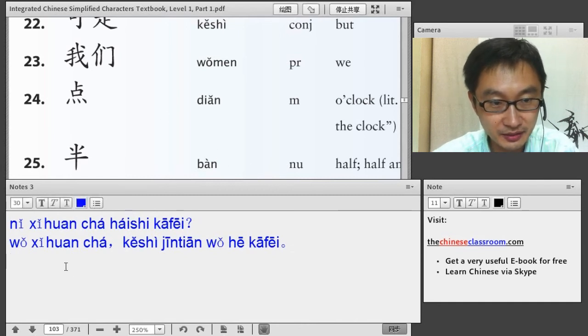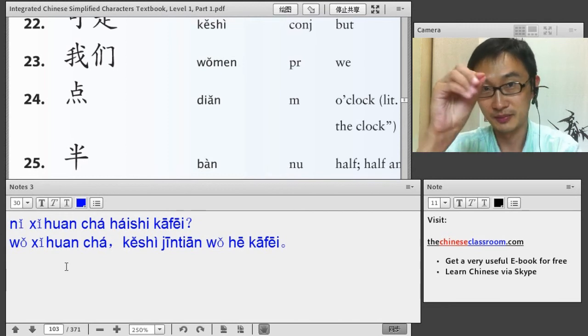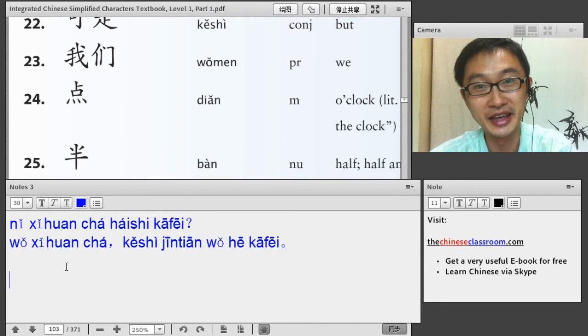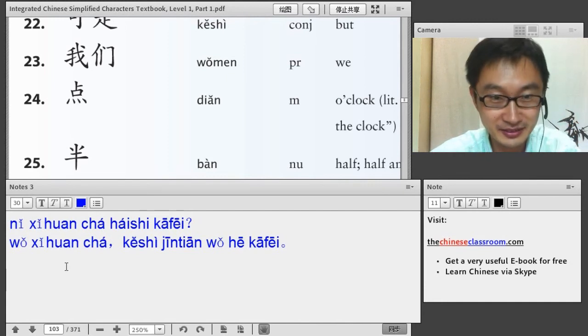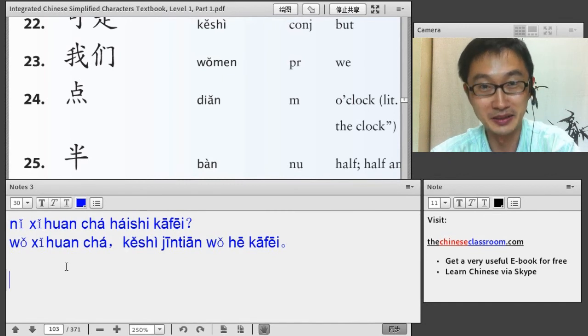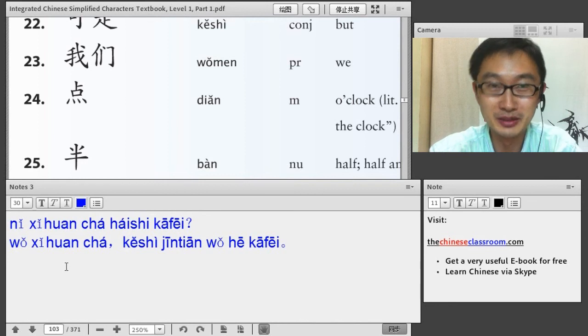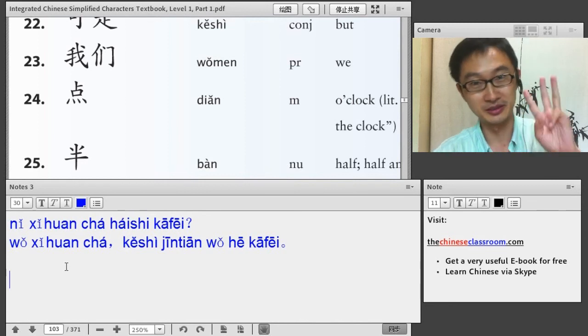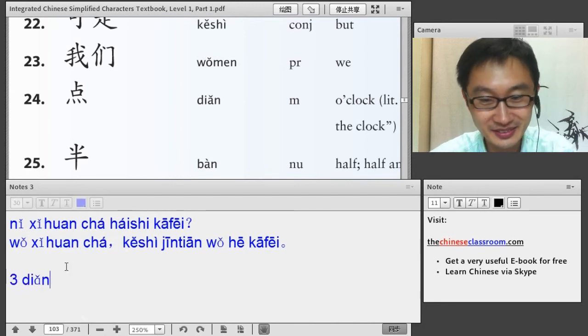Next one, 点 is a dot. For example, with a pen, I make a dot. That's a dot, a 点. It also means a clock, because if you look at a clock, there are many dots there. So literally, when we ask what time it is, we are asking how many dots. Then maybe 3 o'clock, we will answer you 3 dots. How do you say 3 o'clock? 三点.